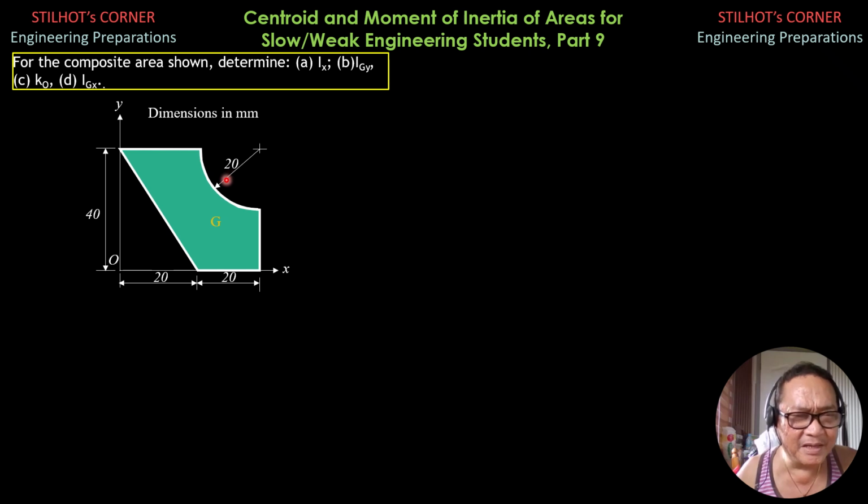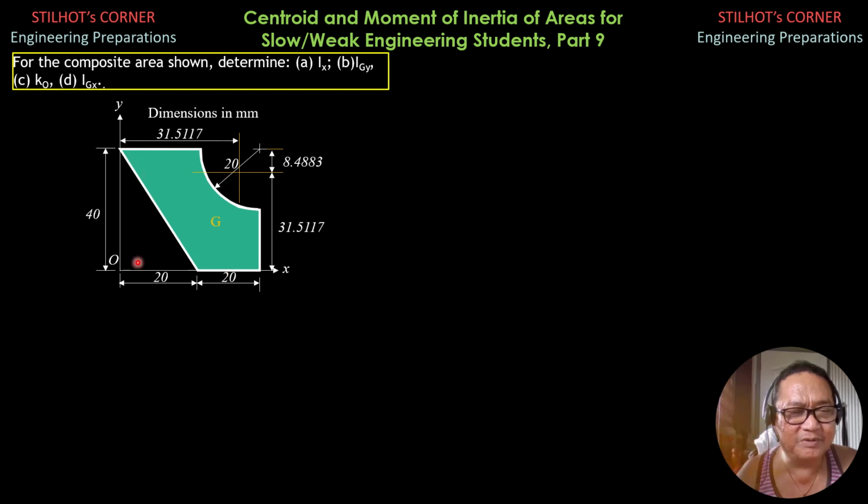So Ix again is Ix of square minus Ix of triangle minus Ix of quarter circle, which must be transferred. By the way, the location of the centroid of a quarter circle from this upper end or radius or diameter is 4r over 3 pi. 4 times 20 divided by 3 pi is checked.